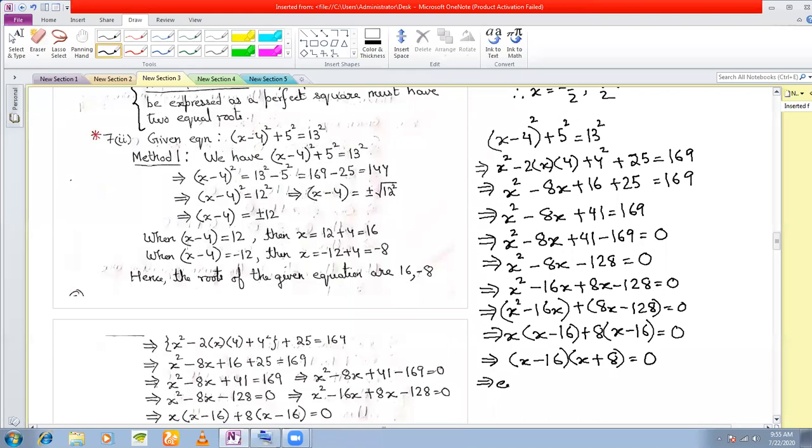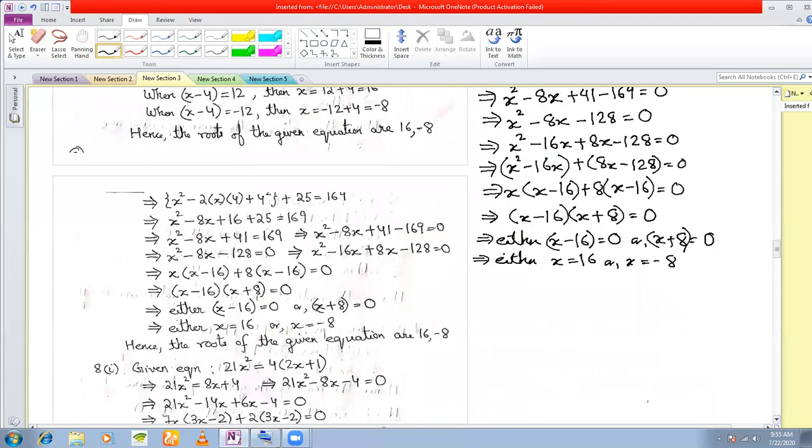That means either x minus 16 is equal to 0 or x plus 8 is equal to 0. Means either x is equal to 16 or x is equal to minus 8. Okay, now we have got the two roots of this equation: x is equal to 16 and x is equal to minus 8.